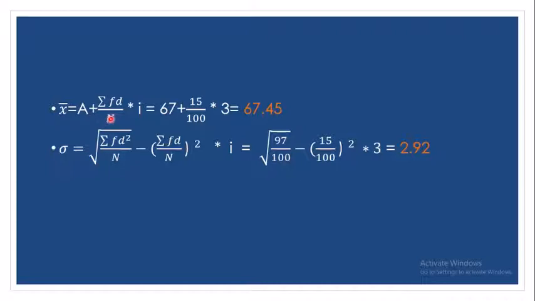I hope you remember this formula which you have studied in the previous semesters. This is what I'm going to use in order to find out x bar. You can use any formula to find x bar. You have studied a lot of formulas regarding arithmetic mean, so you can use any formula which you are comfortable with.